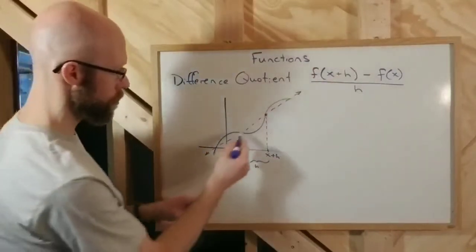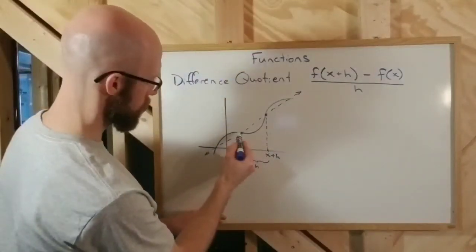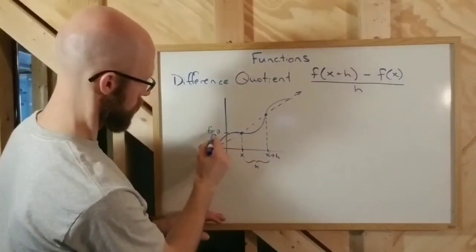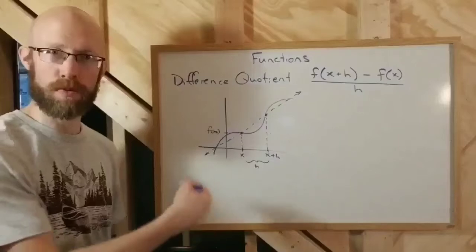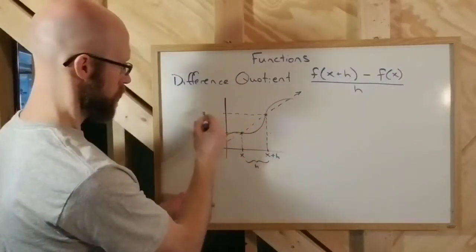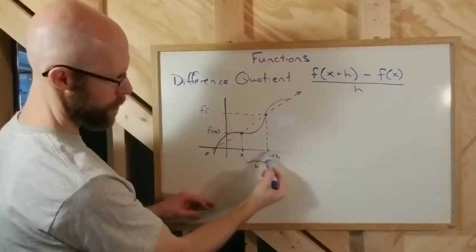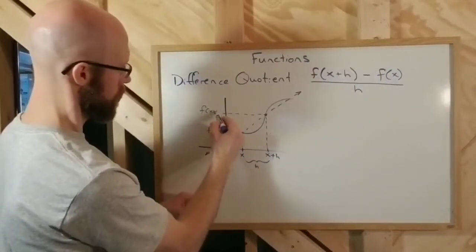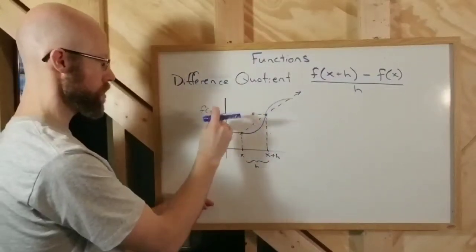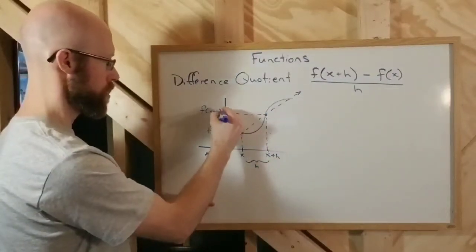And so the corresponding outputs are going to be over here f of x. It's the y value when you plug in the x. And the second one up here is going to be f of, well, the input is x plus h, so it's f of x plus h.